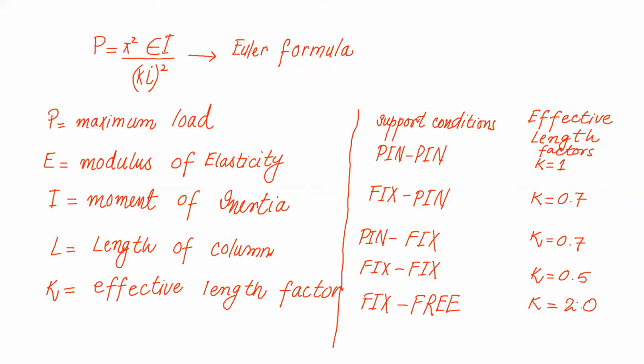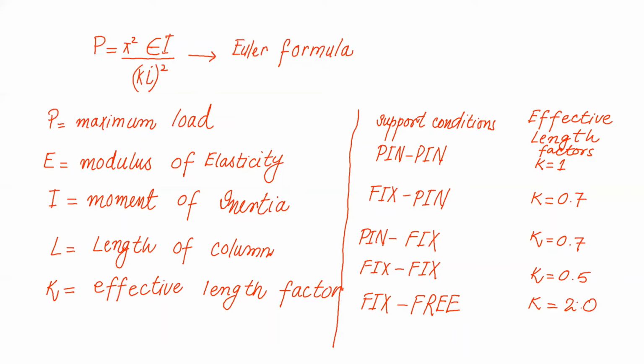Keep in mind that this is the effective length factor for different conditions. For example, if we have pin-pin conditions, K equals 1. If we have a fixed-pin condition, K will be 0.7. If we have a pin-fixed condition, K is again 0.7. For the fixed-fixed condition, K is equal to 0.5. Fixed-free is K equals 2.0, so 2.